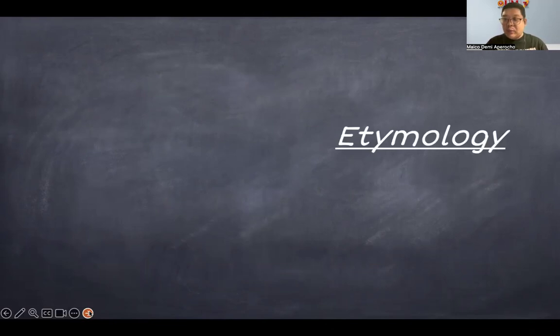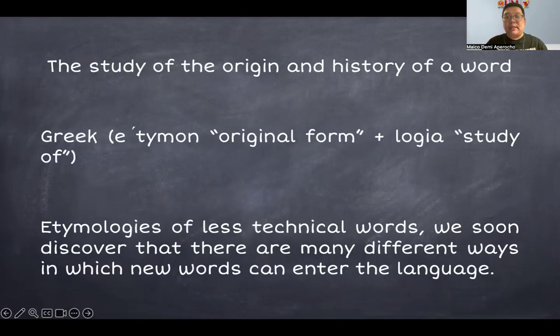Now, one of the things that we need to understand when we talk about word formation processes or morphological processes is etymology. The study of the origin and history of a word, that is etymology, comes from the Greek etymon, which means original form, plus logia, which means study of. In studying etymologies of less technical words, we soon discover that there are many different ways in which new words can enter the language.